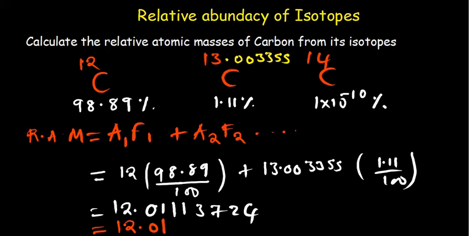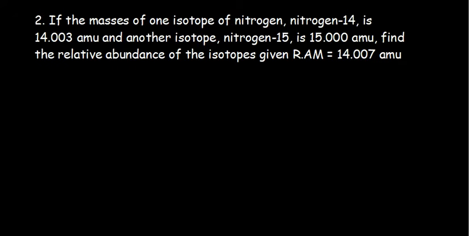So what if they give us the relative atomic mass and then they ask us to find the relative abundance? How do you go about that? So that's the second question that we have. If the masses of the isotopes of nitrogen are given, so we have the atomic mass of nitrogen 14, and then we also have nitrogen 15.